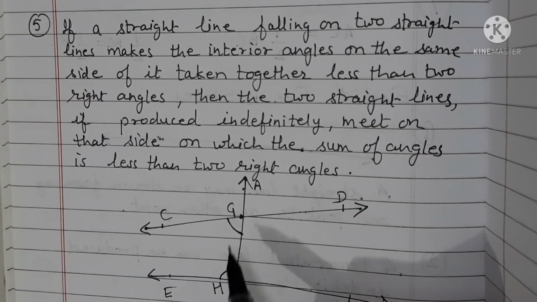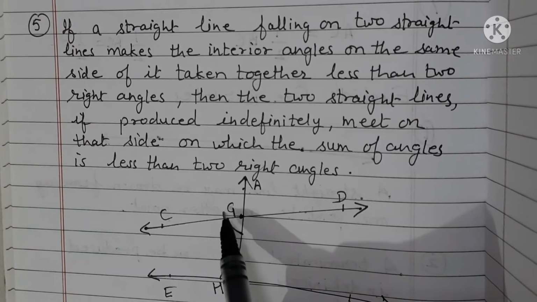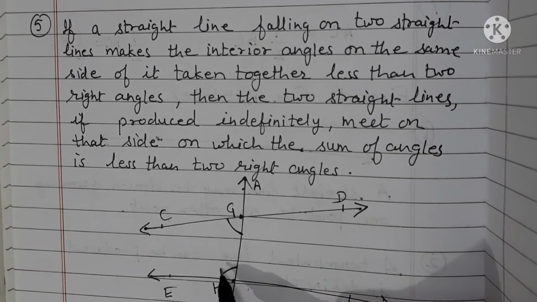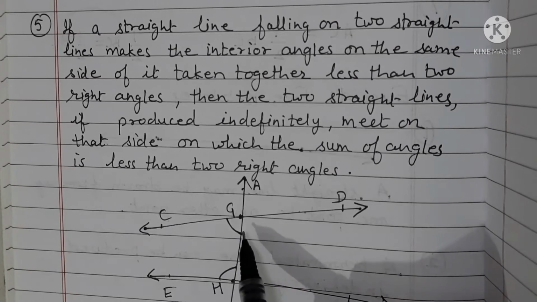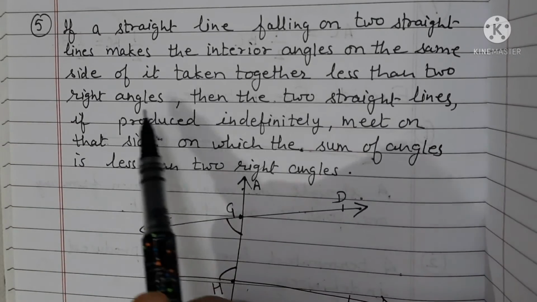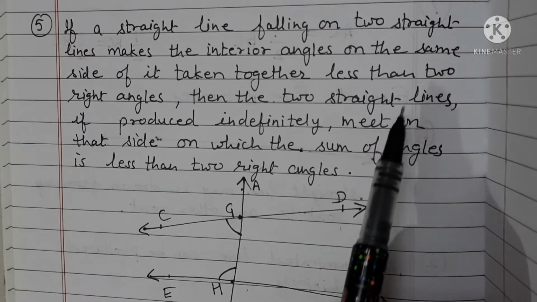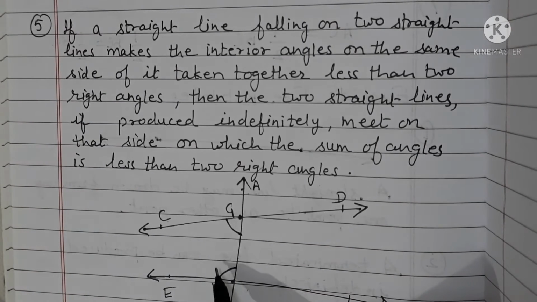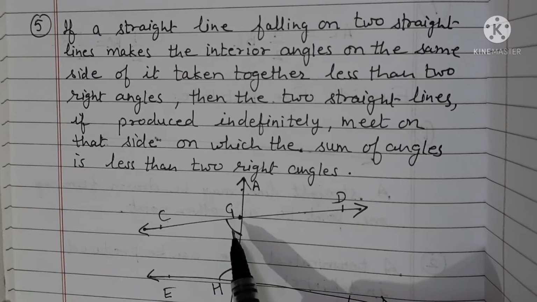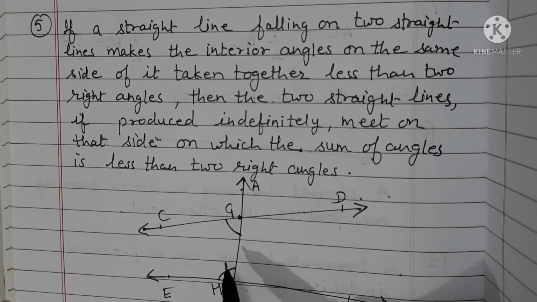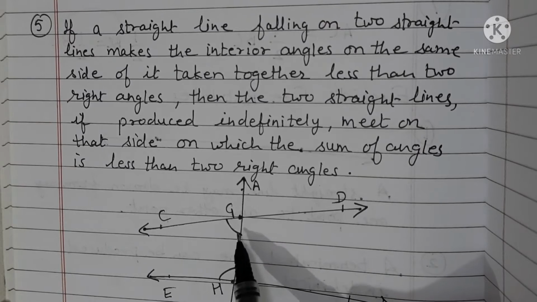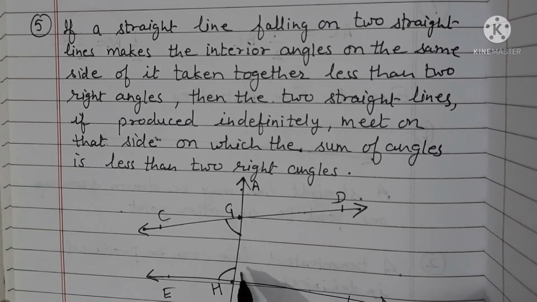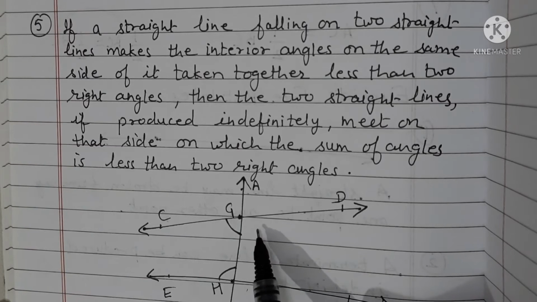Suppose this and this: these are interior angles and these are exterior angles. So we are taking the interior angles together and they will be less than two right angles. Two right angles means 90 degrees and 90 degrees, which is 180 degrees. It should be less than two right angles. You can take here also, and the sum should be less than two right angles.